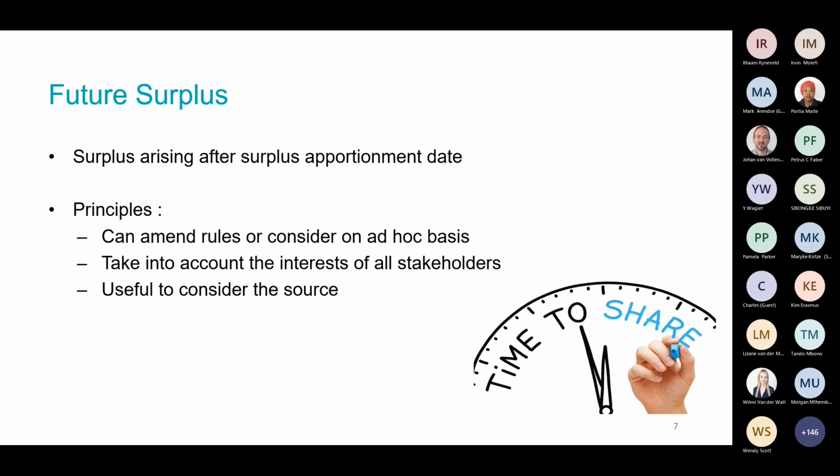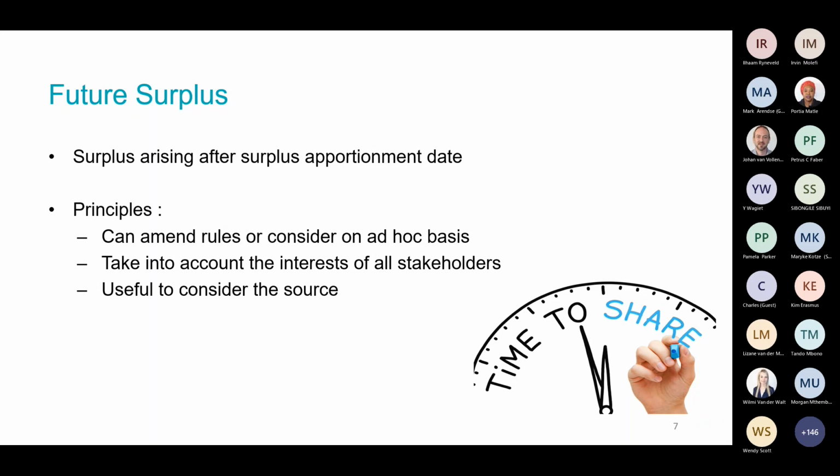One of the principles is that the board can formally amend its rules so that the thinking behind how surplus will be apportioned is embedded in the rules, or they can leave it open-ended so that it can be decided as and when the surplus arises, so that they can take into account the source of the monies, how it arose, which stakeholders contributed towards the surplus, and so on. So they can leave it open or amend the rules so that it is more solidified in the rules on who will receive a portion of the surplus should it arise following the surplus apportionment date.